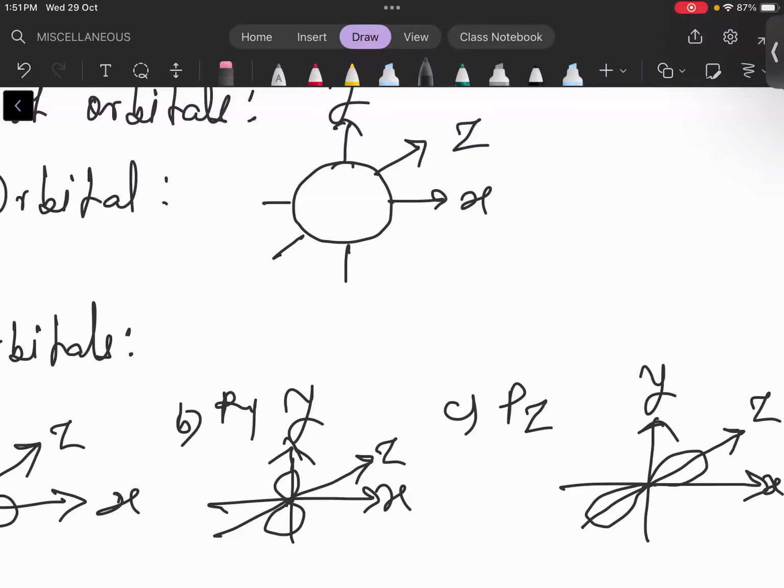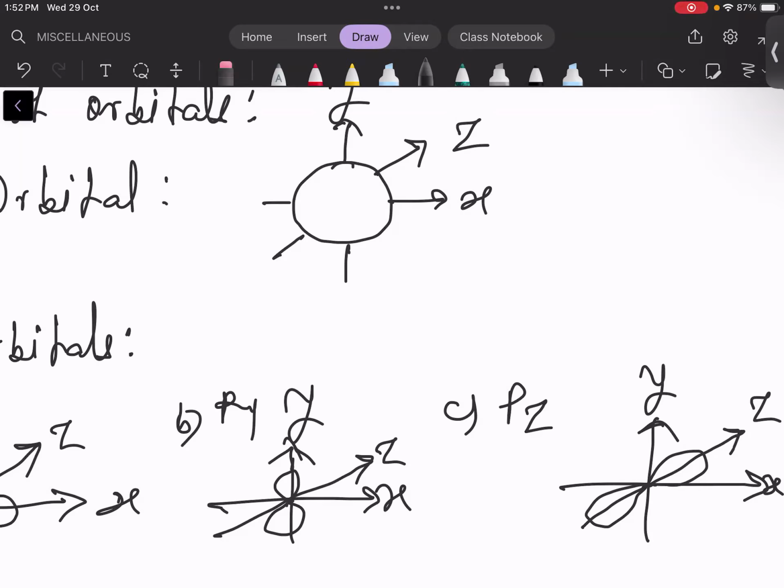Orbits are also known as shells. Orbit is a three-dimensional space around the nucleus where the probability of finding an electron is maximum. That is orbit K, L, M, N, orbit or shell.